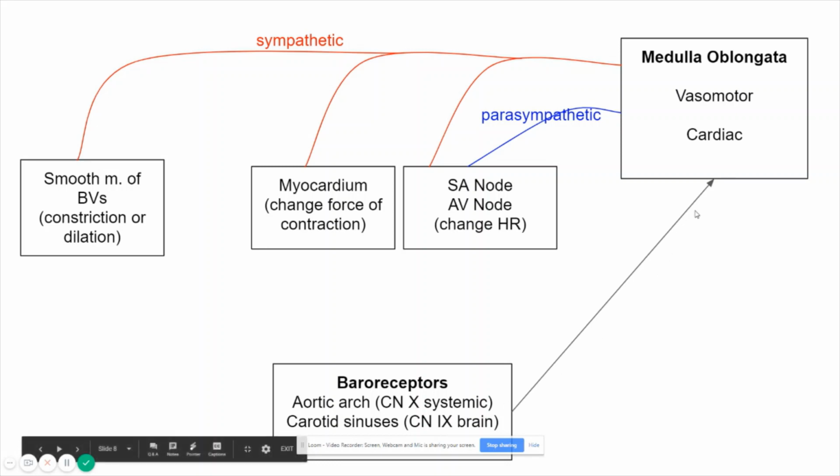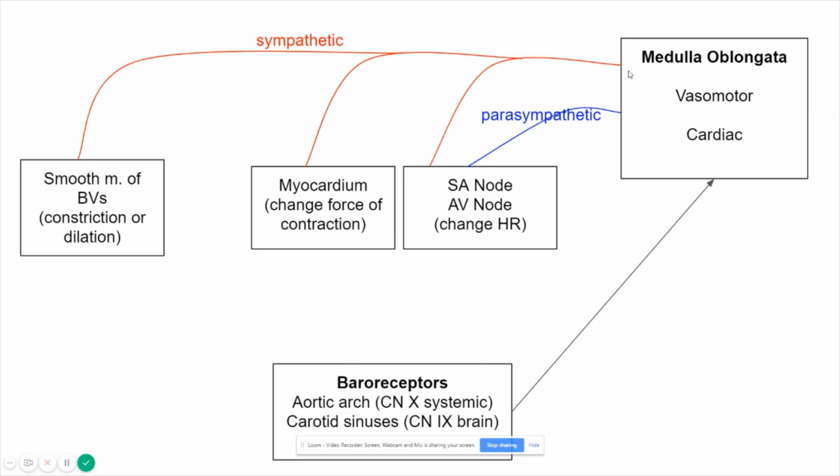Both transmit signals to the medulla oblongata, specifically to the vasomotor and cardiac nuclei within the medulla oblongata. From there, the medulla oblongata has sympathetic nerve fibers, and I haven't drawn out, obviously, the preganglionic and postganglionic fibers. I'm just drawing the overall pathway.